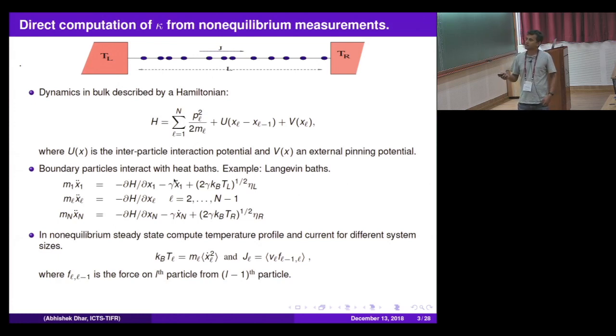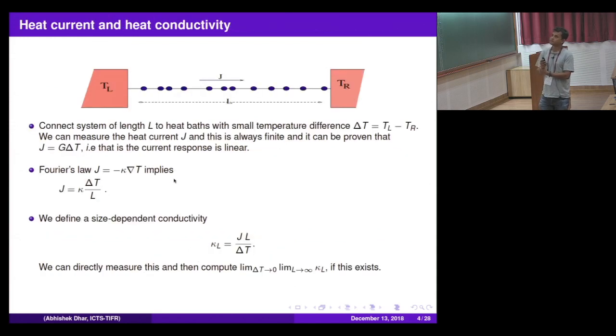And if you run this dynamics, you can compute this numerically. Classically it's easy to do. You can study quite large system sizes, unlike in quantum systems where this would be quite difficult to do. Then you compute the current, and if it's conducting, it basically means that it satisfies Fourier's law.